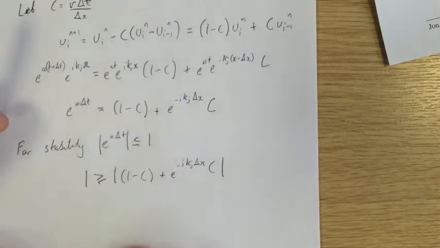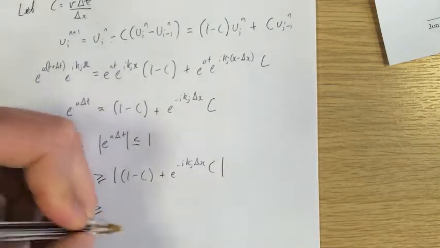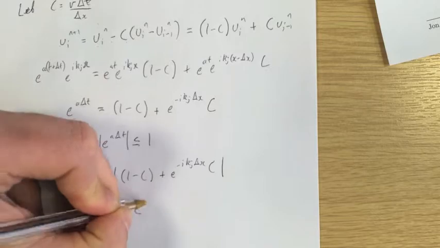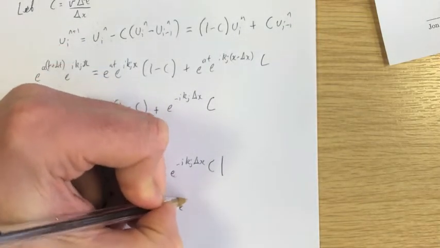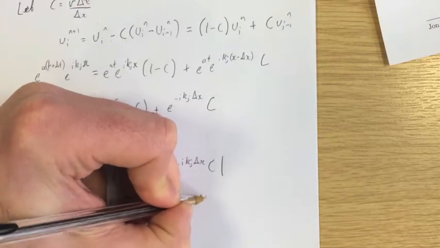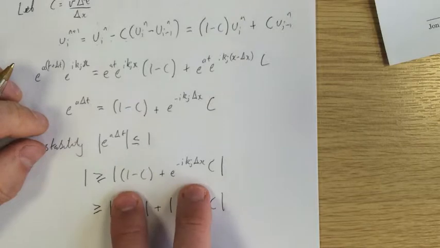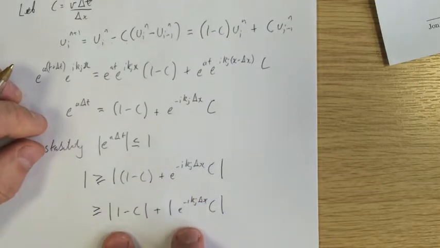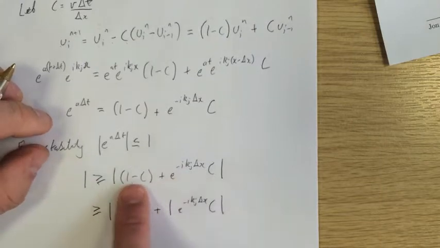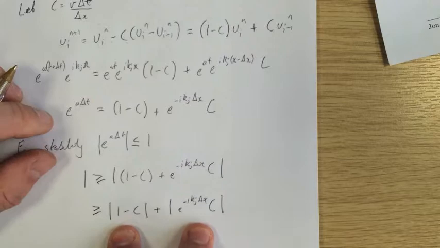Now, what I can do on this one is use the triangle inequality. So I'm going to have the magnitude of 1 minus c, plus the magnitude of e to the minus i k j delta x times c. This is using the triangle inequality, which means the magnitude of a sum is always less than or equal to the sum of the magnitudes. So this right hand side is going to be greater than the value here.